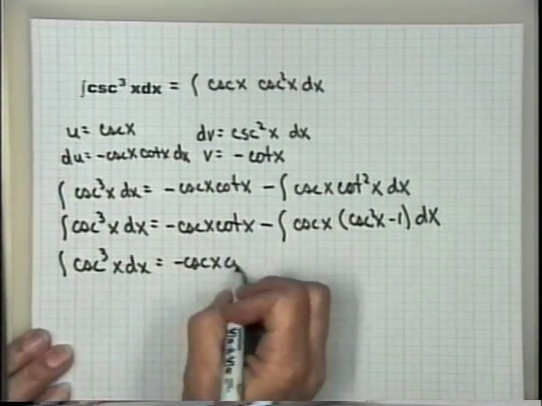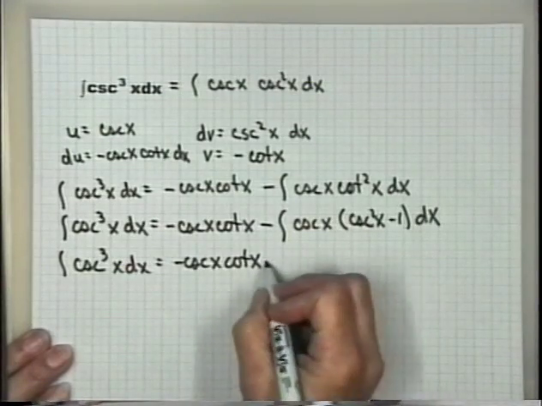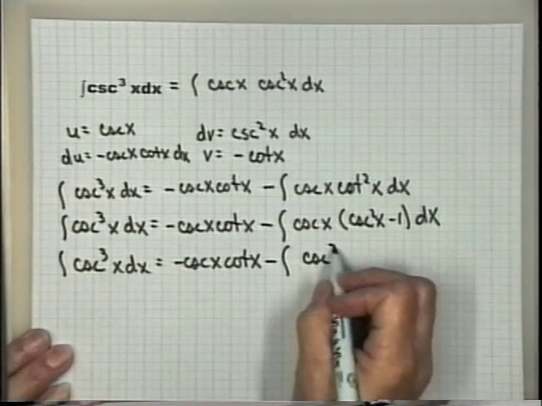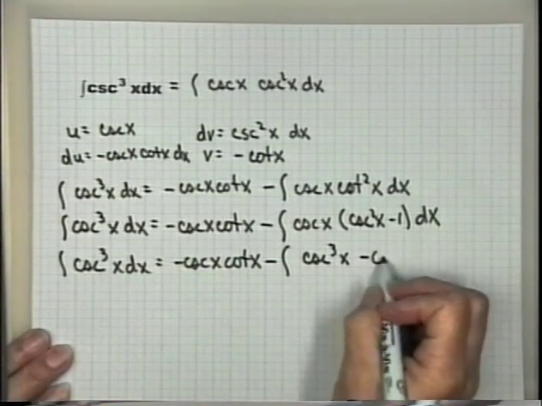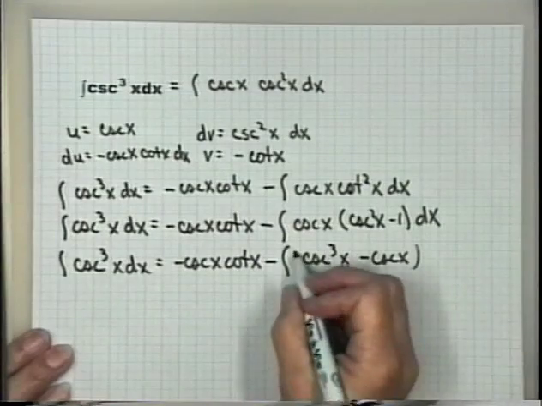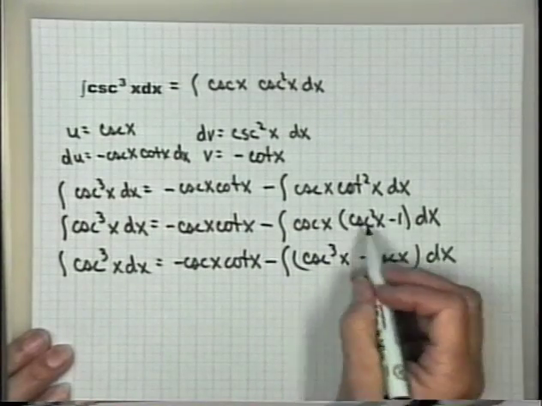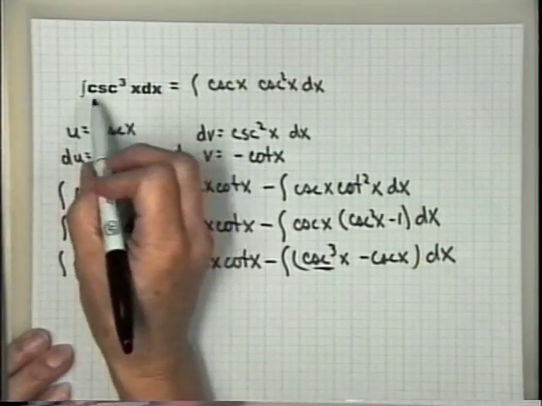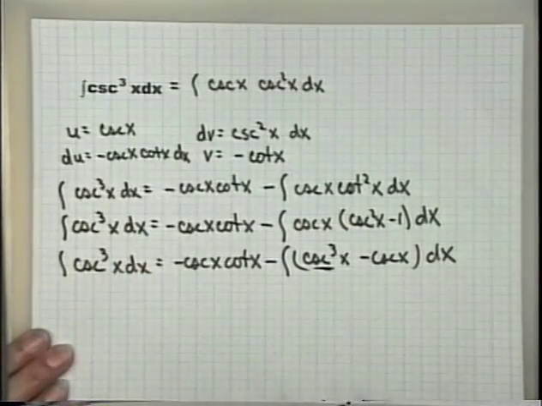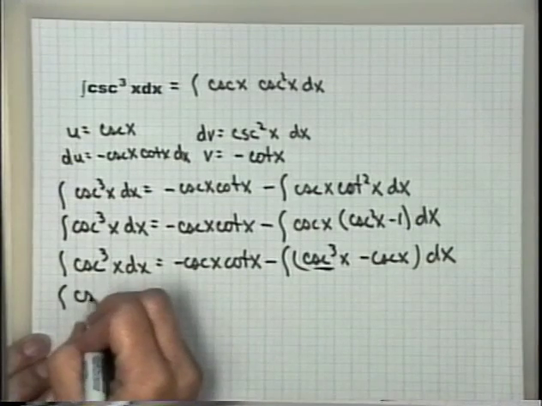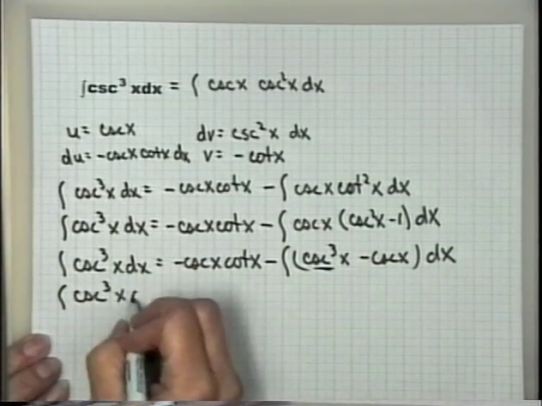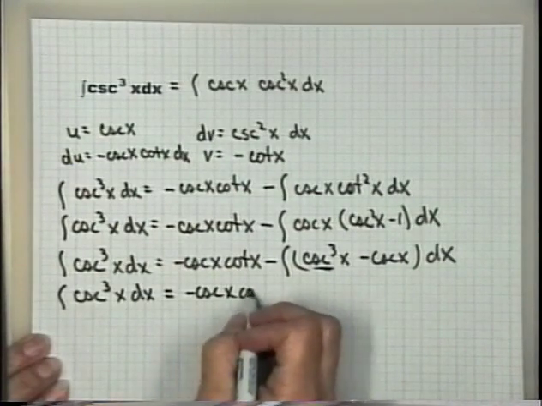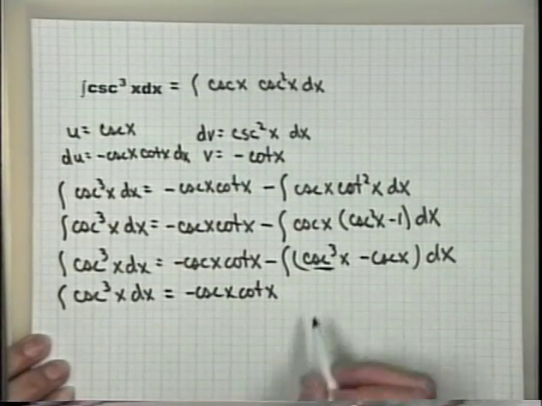I'm just recopying this first part, and I'm going to distribute my cosecant here. I have cosecant cubed x minus cosecant x. The reason I wanted to use this identity is notice this cosecant cubed, we started with cosecant cubed, didn't we? This is going to be another one of those where we're going to be able to solve this by utilizing the idea of this equation, but I'm going to need to rewrite one more thing.